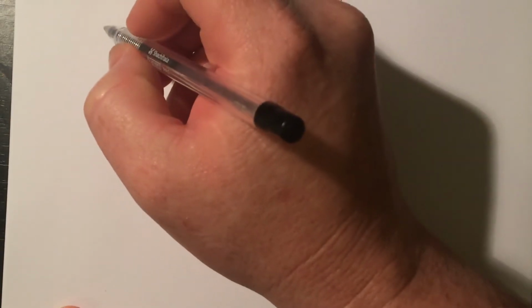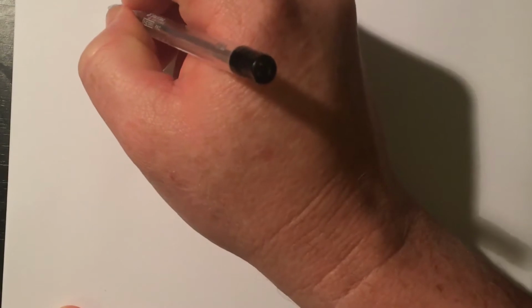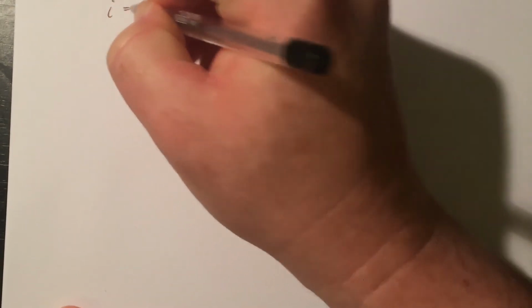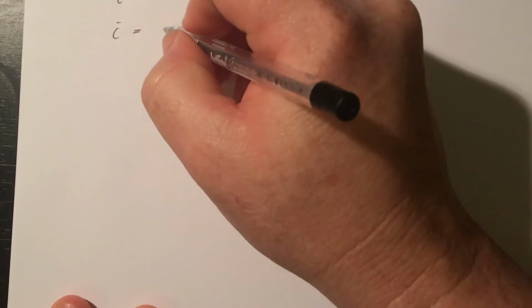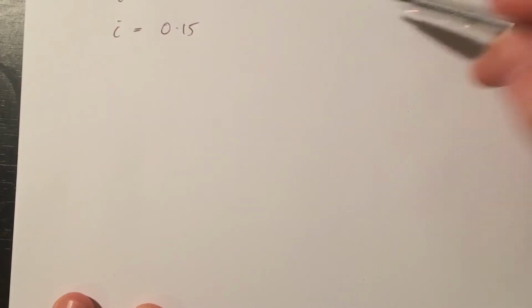So the variables in this question are the stamp collection's value increases over time at a rate of 15%. So we're going to say that I is equal to 0.15. Okay, so we always express the rate of appreciation in a decimal form.